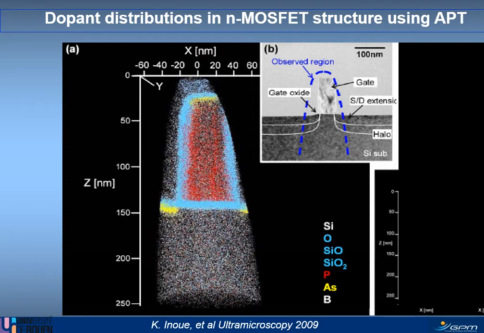These are the source and drain regions. Here, this is clearly the evidence that you've got phosphorus in the gate. And here is an oxide, this is the gate oxide, and this is the substrate of the MOSFET transistor.